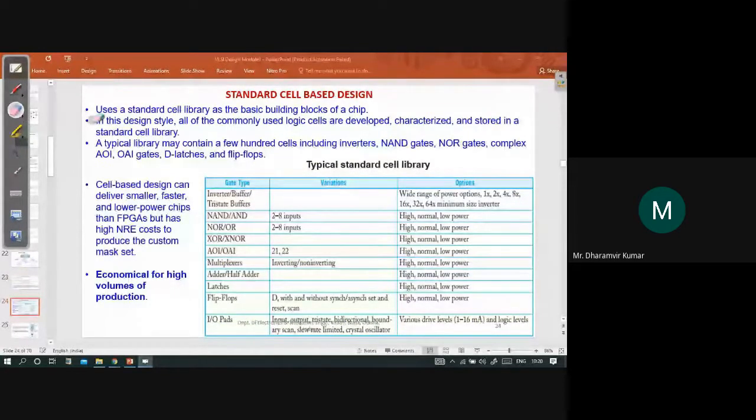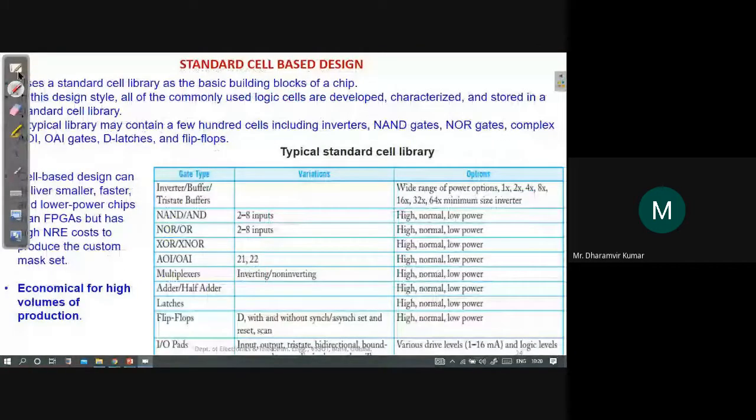What we had in the previous case is that you even had to build the library in the case of the full custom design style.